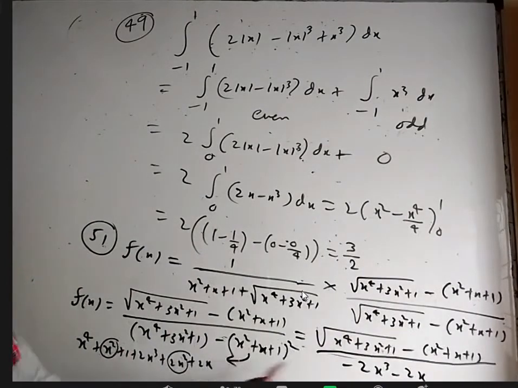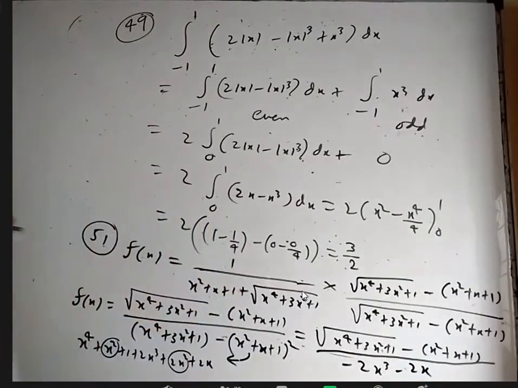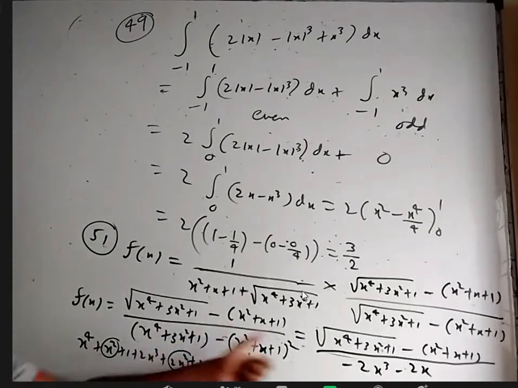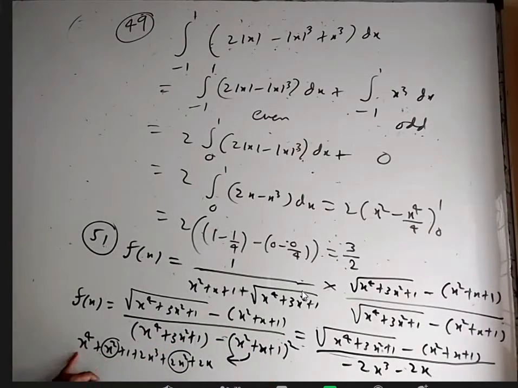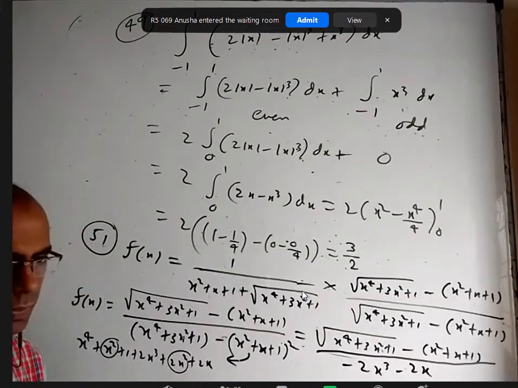From here to here I wrote directly, but please try to understand. I took this as f of x and rationalized it. When I simplified the denominator and expanded this part using a square plus b square plus c square plus 2ab plus 2bc plus 2ca, x power 4 will get cancelled, 3x square will cancel, 1 will cancel, and I will be left with these two. Now what happens?